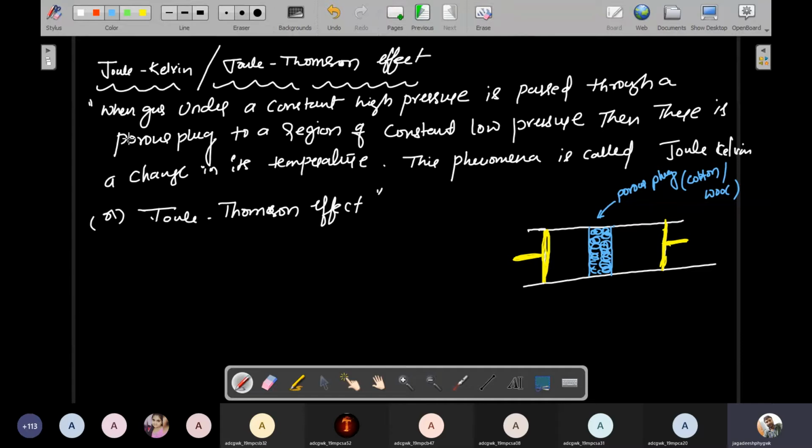See the definition once again. When a gas under a constant high pressure, first of all, this is chamber A1 and this is chamber A2.